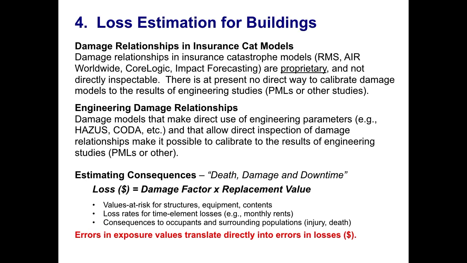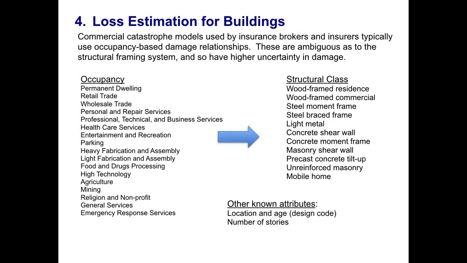Now, the question arises, how do we improve the loss estimates when we're using commercial catastrophe models? If we're working with an insurance broker or an insurer and we're using the large cat models, many of them start with occupancy-based damage relationships.